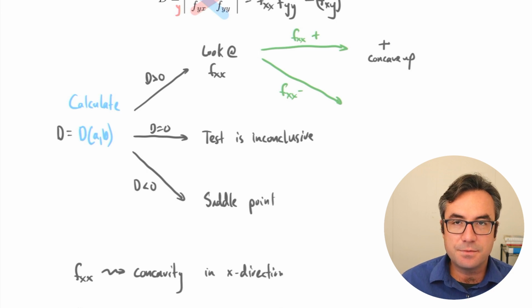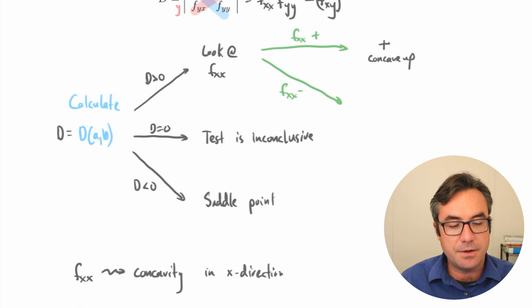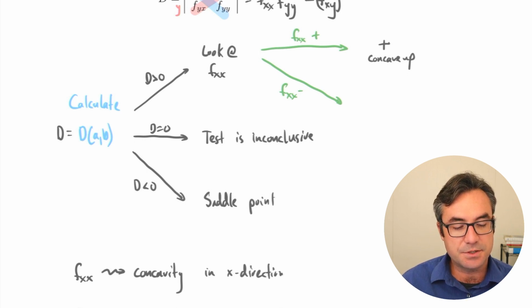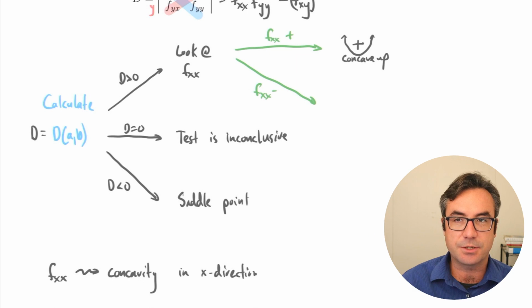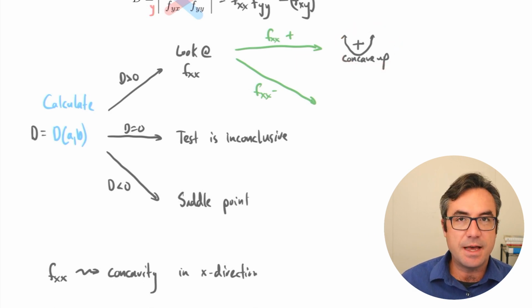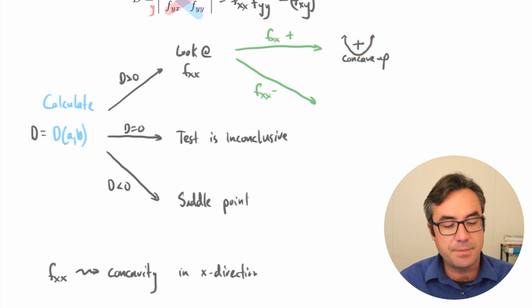It's helpful to remember the second derivative test if you actually draw in what the shape looks like. So concave up looks something like this. Our graph is going to have that kind of shape in the x direction, and it's then clear that we're going to have a low point. So this is going to be a local min.